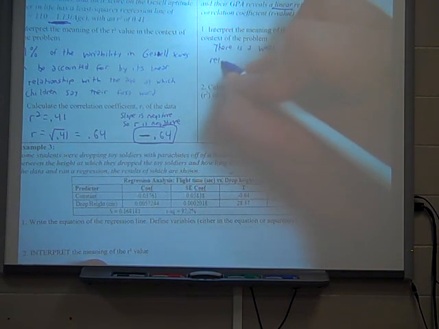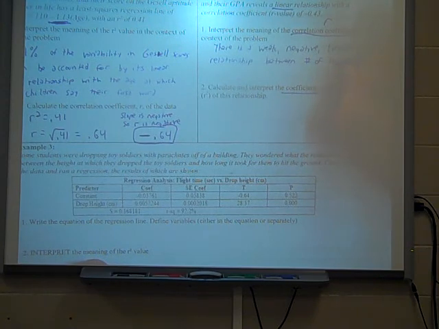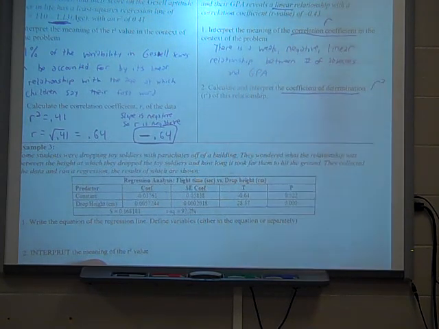Relationship between number of absences and GPA. Number two, we're going to calculate and interpret that R squared.